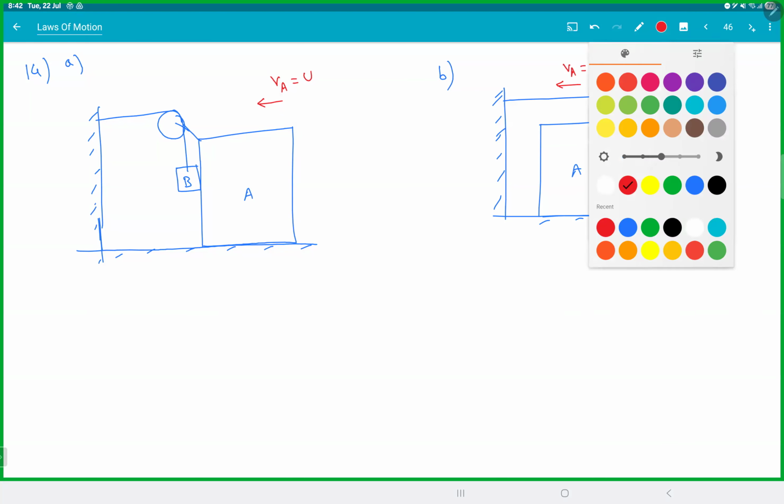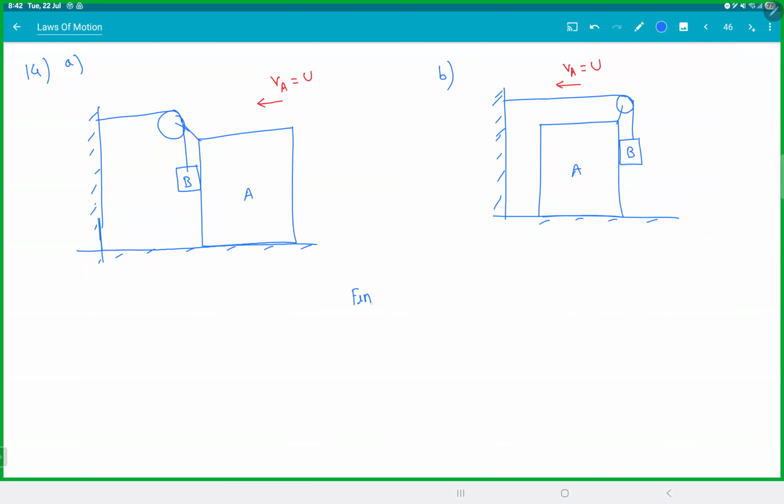Find the velocity of B at this instant. How do you handle this?